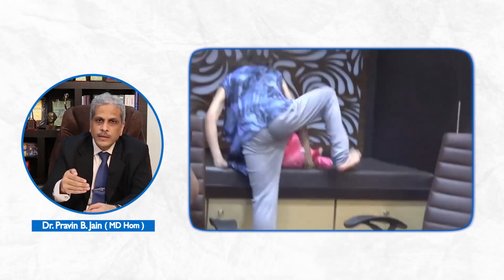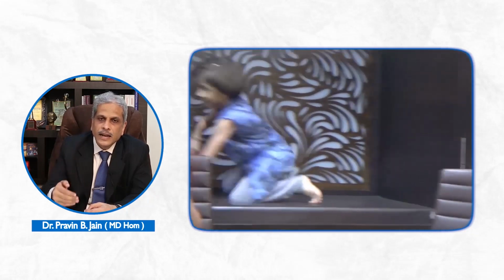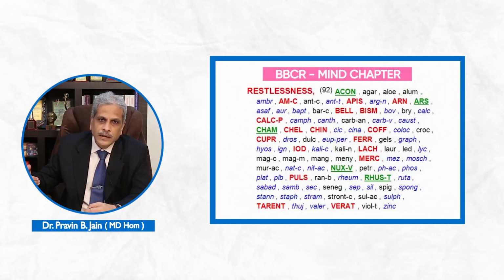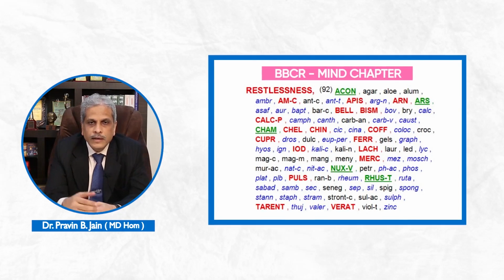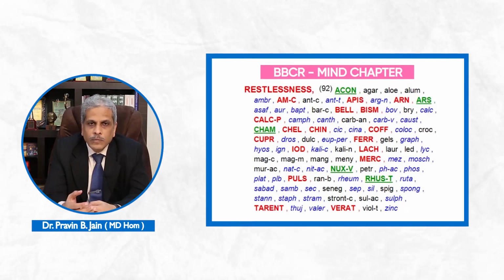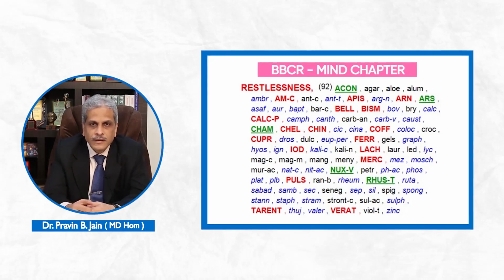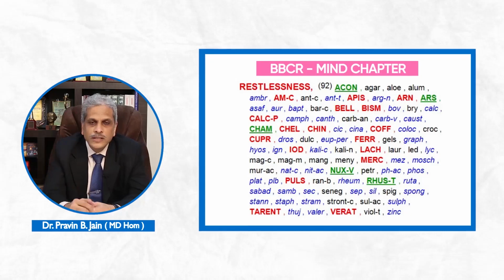So the homeopath assesses that this is a hyperactive child, and when he goes back to the repertory, he selects the rubric restlessness, and most of the time they select the rubric restlessness from the mind section. Now friends, mind you, this is the biggest mistake.